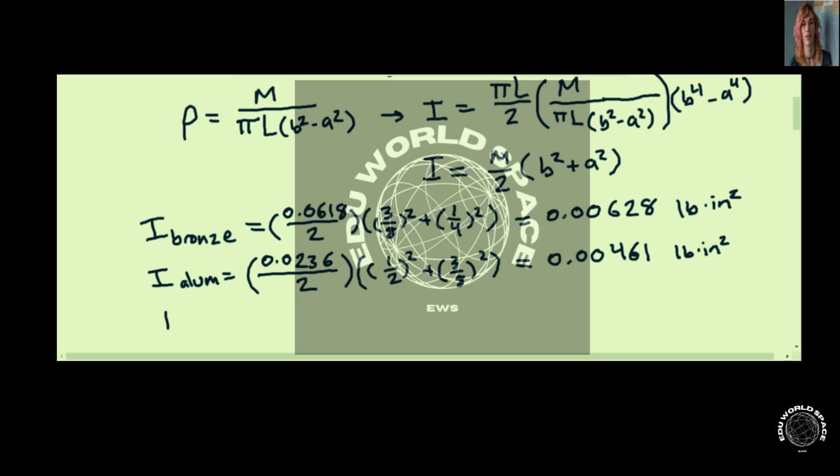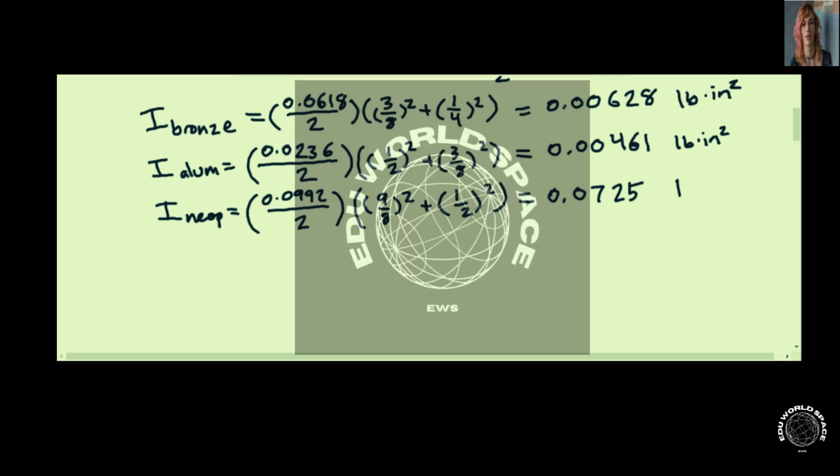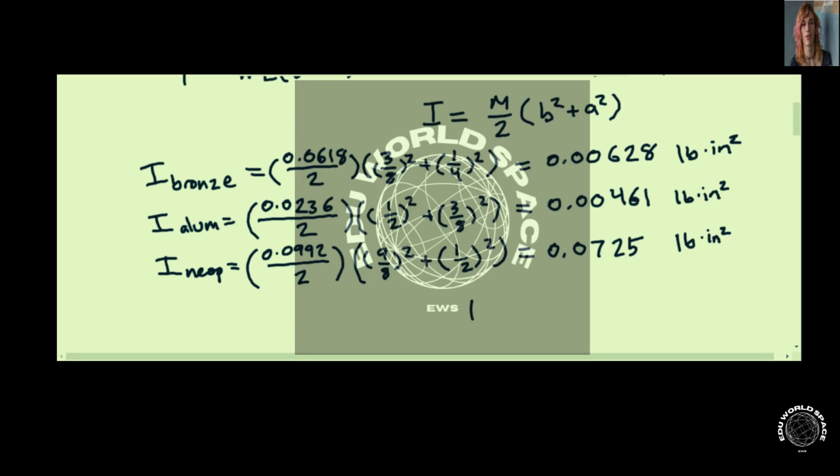And then lastly, for our neoprene piece, the mass of the neoprene divided by 2, times the outer radius, 9/8 of an inch, squared, plus the inner radius, 1/2 of an inch, squared. This gives us 0.0725 pounds inches squared.